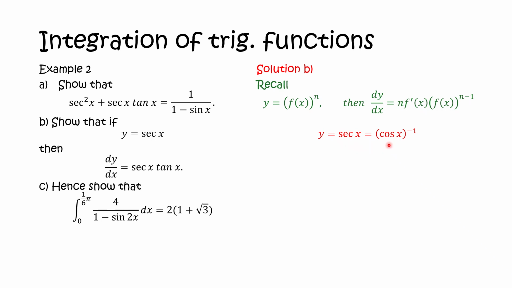Now recall, sec x is the same as cos x to the power minus 1, implying that our f of x here is cos x, and our n is minus 1.